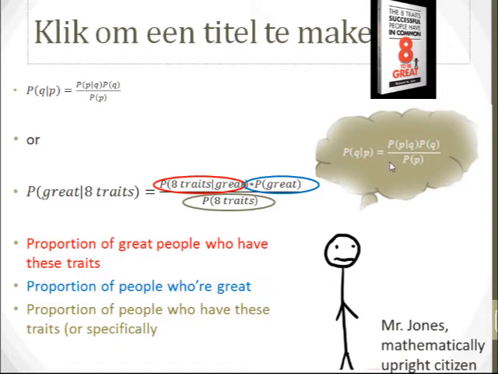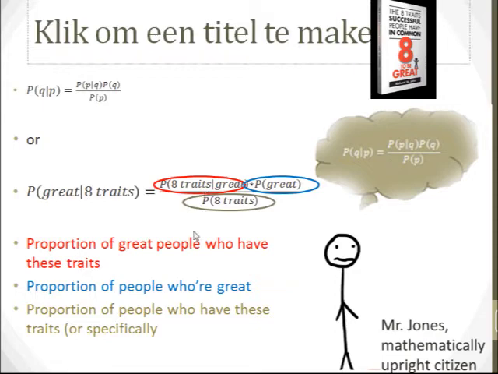So it's indicated in blue, and the Bayes rate in this case is the proportion of people who are great, or the a priori chance of being great when you're born. So given that you draw at random one person from the population of all persons, what is the chance that that is a great person, given that you further have no information about that person?